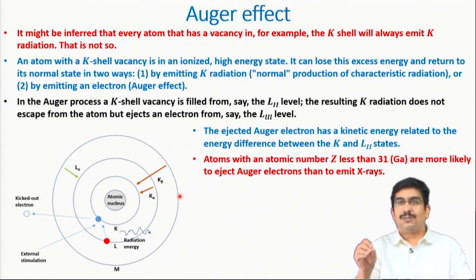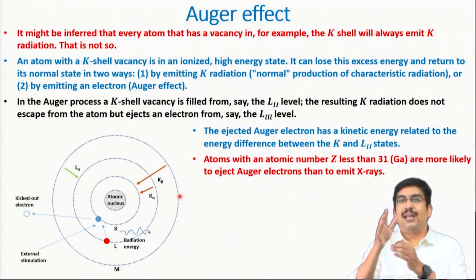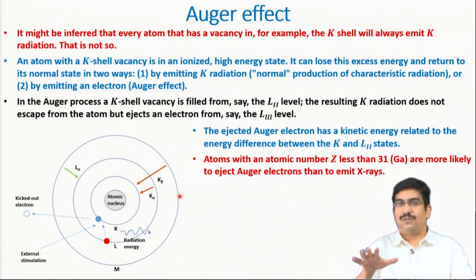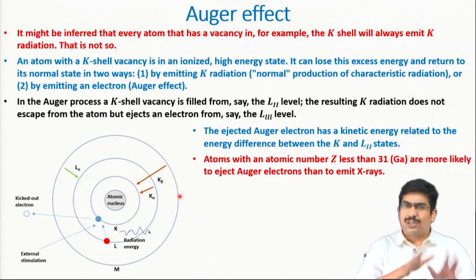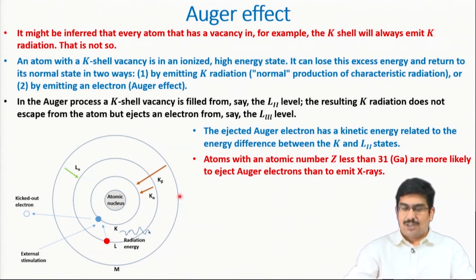As we already discussed, for lighter elements, instead of characteristic emission it is mostly Auger electron emission, and for materials with atomic number above 31, it is mostly the characteristic radiation which takes place. Auger emission is very low there, whereas below 31, for very light elements, characteristic emission is very low and it is mostly the Auger electrons which are emitted.